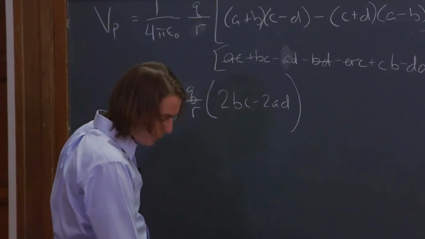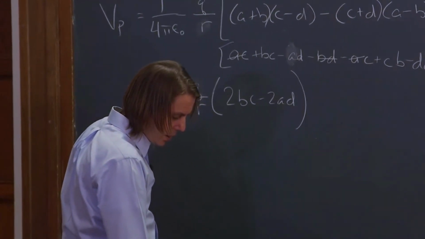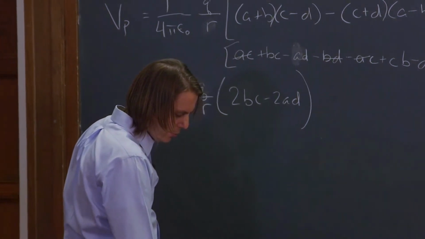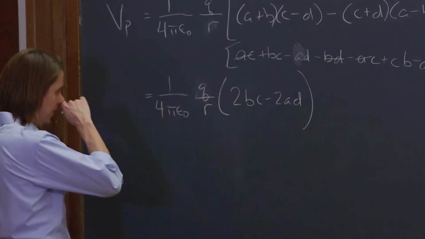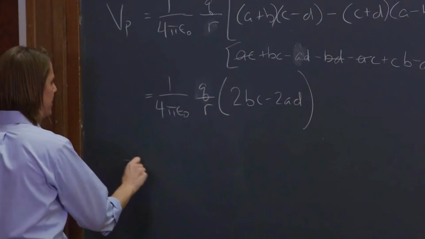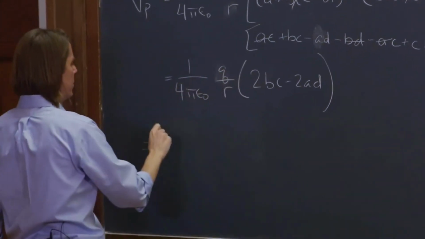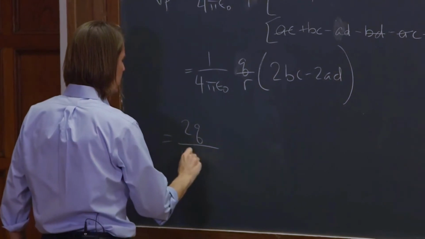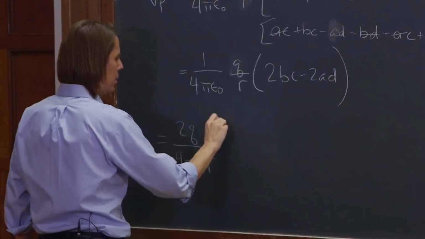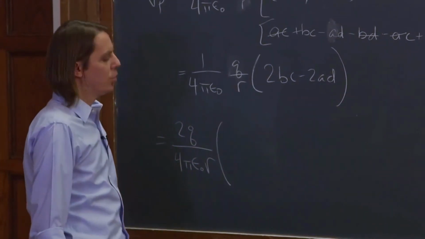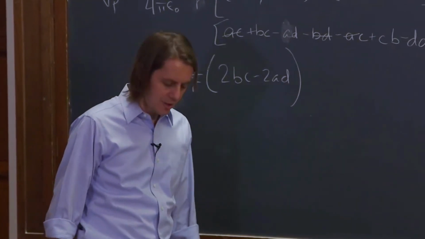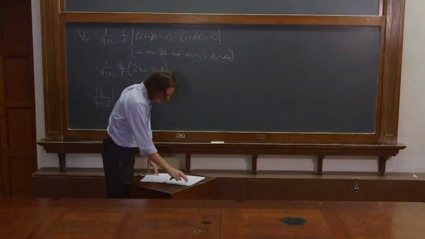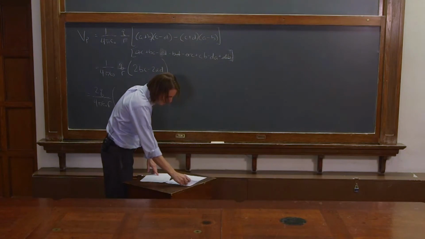So now we're going to pull out the 2 and say this is 2Q over 4 pi epsilon naught R, and go with B times C. So now we just need to go back and remember what B and C were.